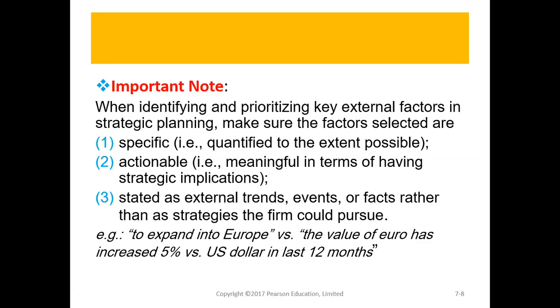That will give me an indication of the action I should be doing, which is expanding to Europe. So for these factors, they should be specific, actionable, stated as external trends, events, or facts, rather than what? Rather than the strategies that the firm could pursue. Okay?